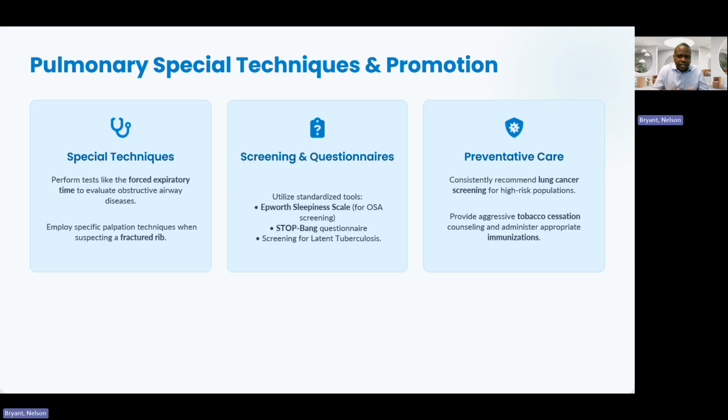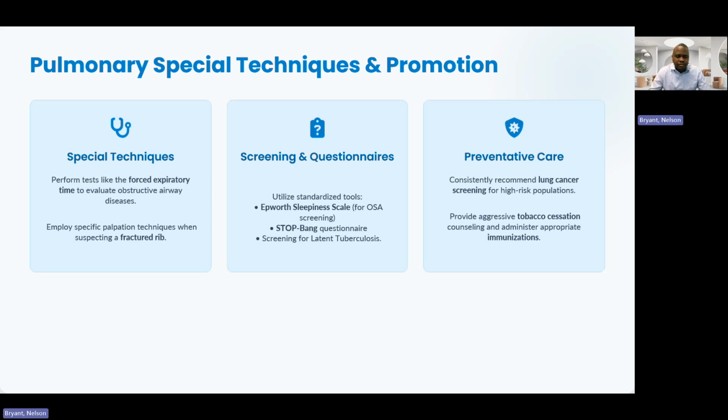So we can advise patients about cigarette smoking cessation, as we mentioned, for the cardiovascular and peripheral assessment. And this is very important also for the health promotion of patients who present with respiratory conditions.